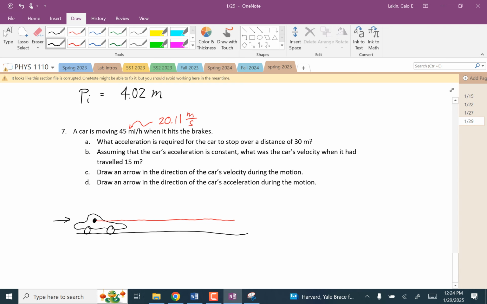So we'll start here and end here, and the distance between those is 30 meters. When it's at this point on the left, the speed is 20.11. When it's at the spot on the right, the speed is 0. It's at rest.